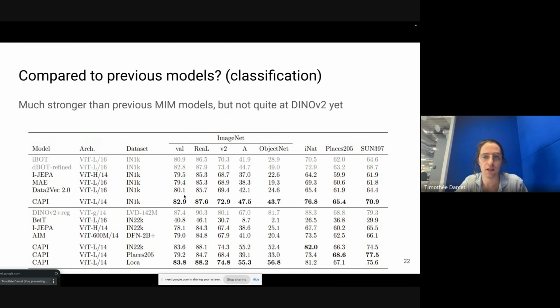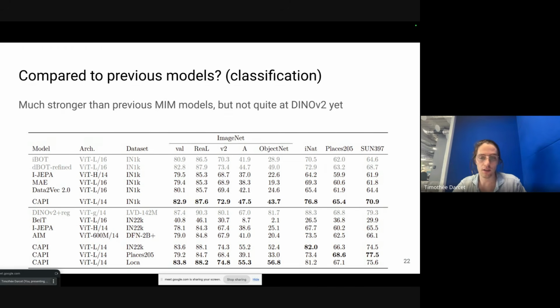So this is on classification. Across the board, it works well. On bigger dataset trainings, I trained three, one on ImageNet 22K, one on, oh, I forgot to change the name, but this is LVD, basically the same as DINO v2. And this is Places, it's not that big a dataset, but 4 million images, very non-object-centric, which is quite nice.